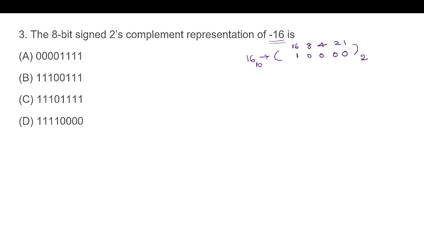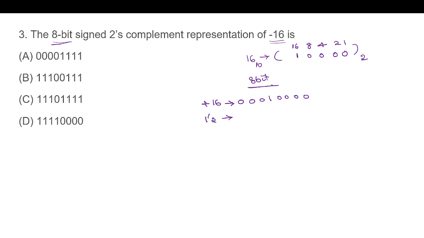So 4 zeros and 1. They have given 8-bit representation. So in 8 bits, 1, 2, 3, 4, 5, 6, 7, 8. This is plus 16.